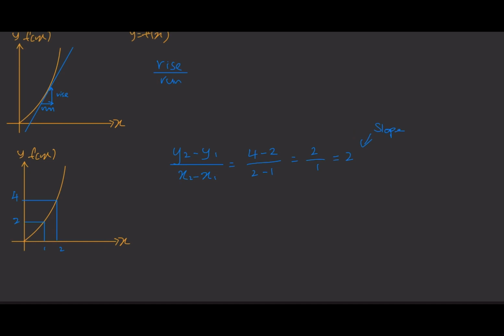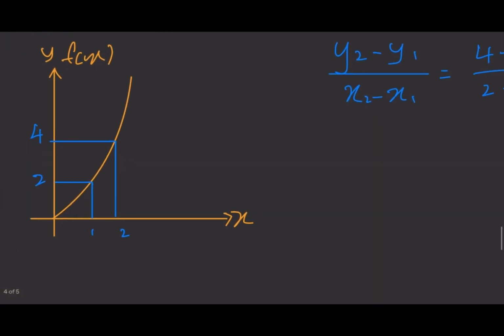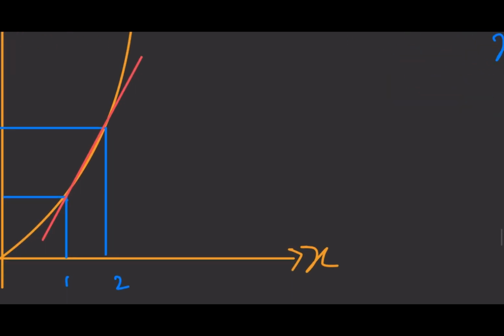Well, look at this. When we calculate the slope, we calculate it from this part to this part, and you notice how there's still a bit of line here.